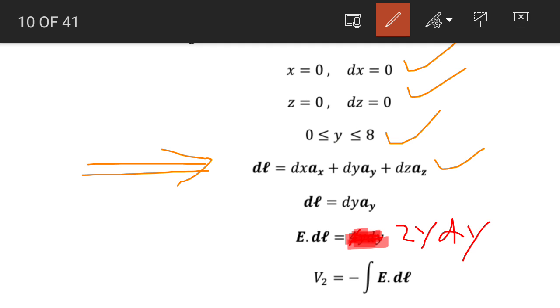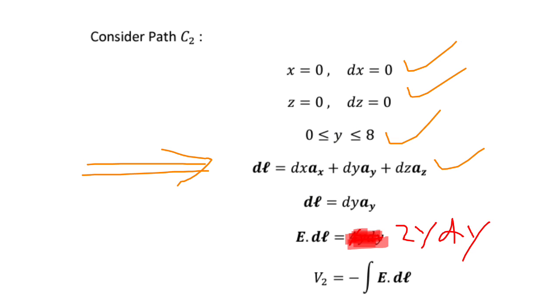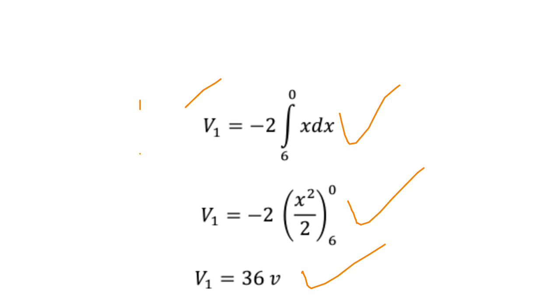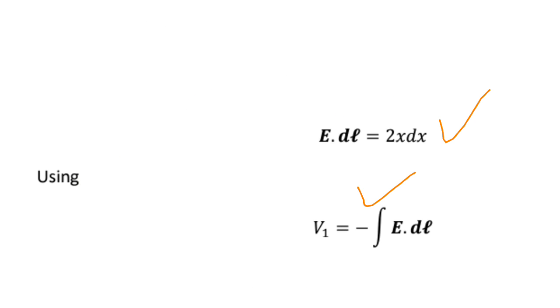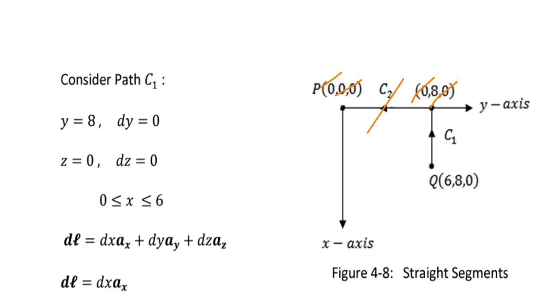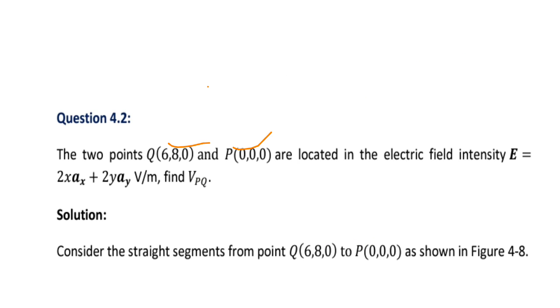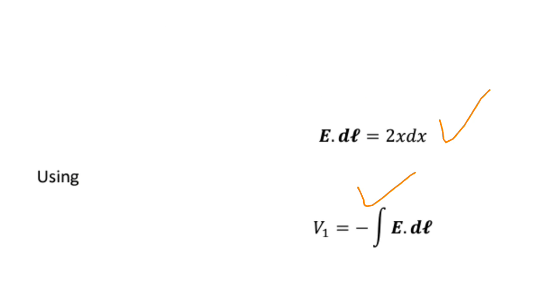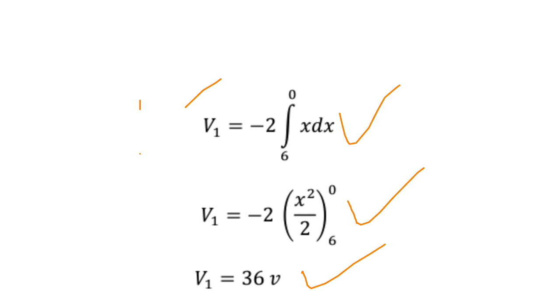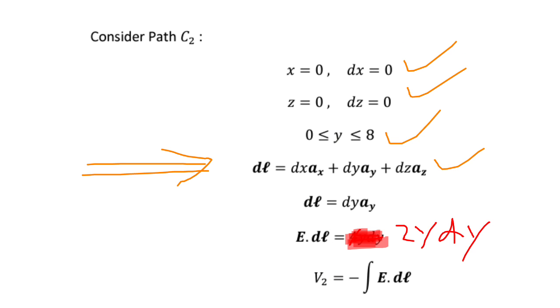So dl is dy ay, and let us consider E. So E is 2x ax plus 2y ay. So E dot dl gives you 2y dy.